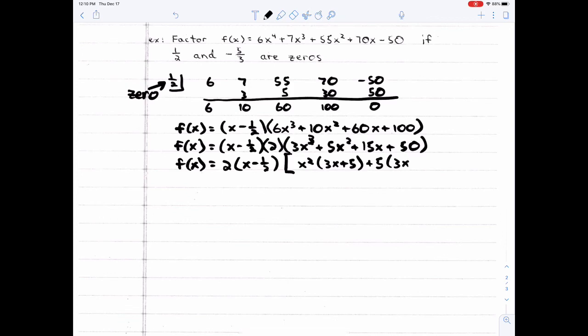Okay, so we take out the x squared, we get 3x plus 5. And we take out the 5, we get 3x.